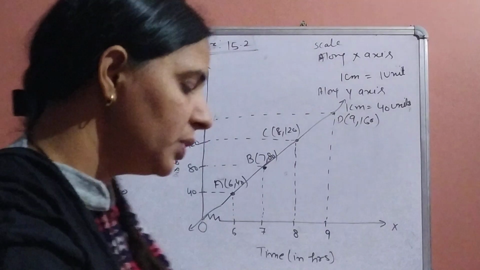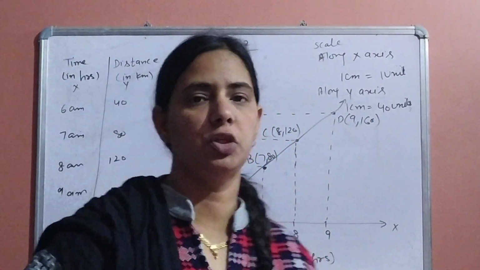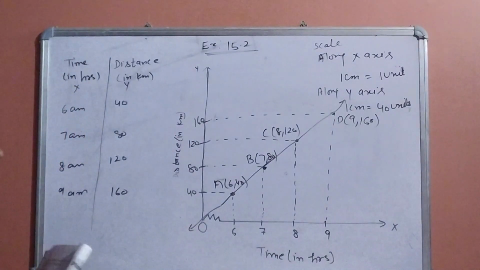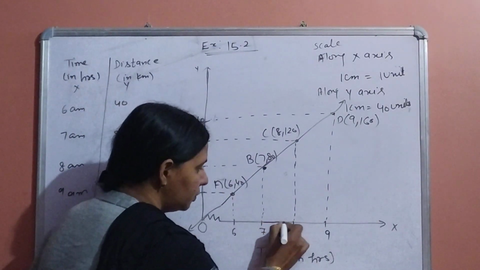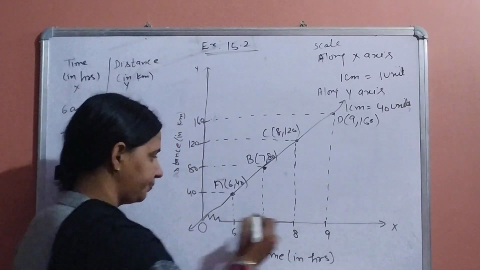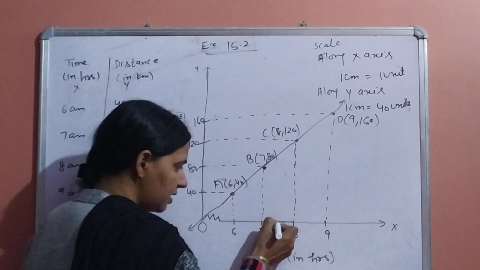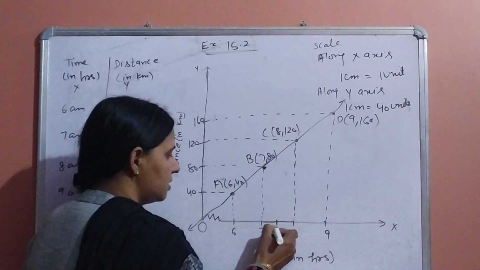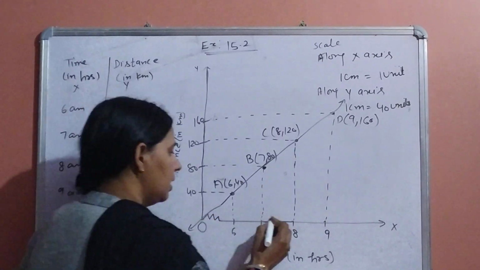First is: how much distance did the car cover during the period 7:30 to 8 a.m.? See, this 1 centimeter is equal to 1 unit. 7:30 will be the mid of 7 and 8. This is 7:30. How much distance is covered?